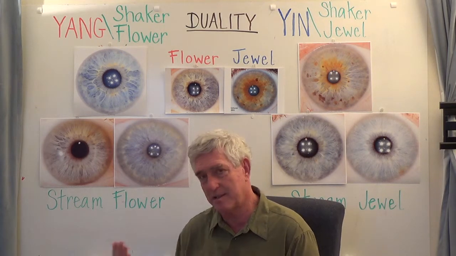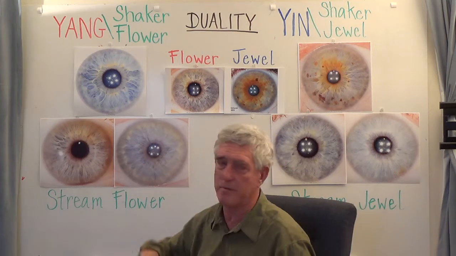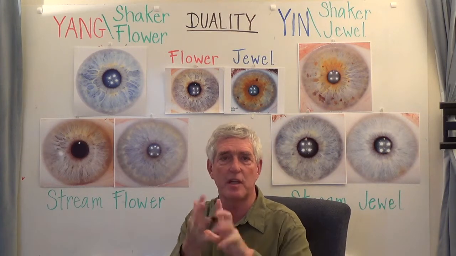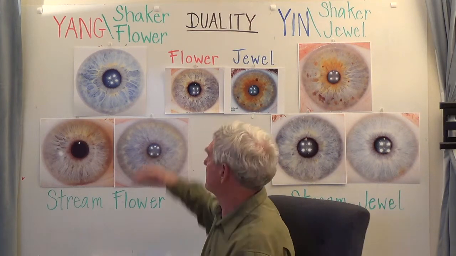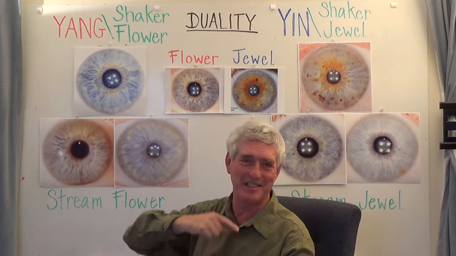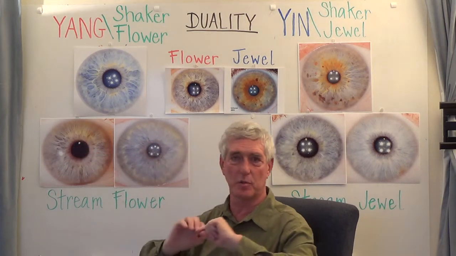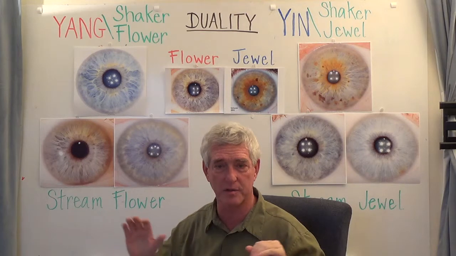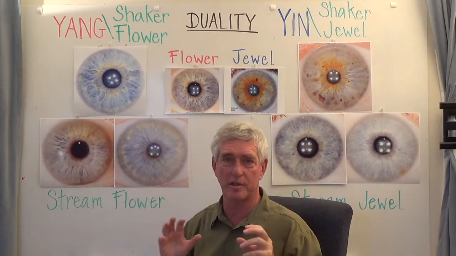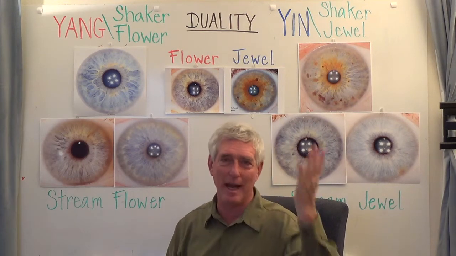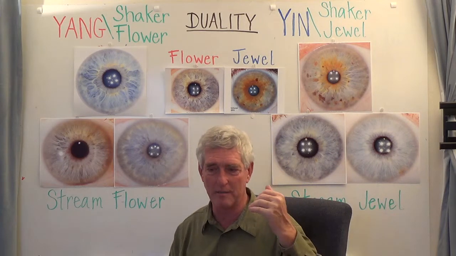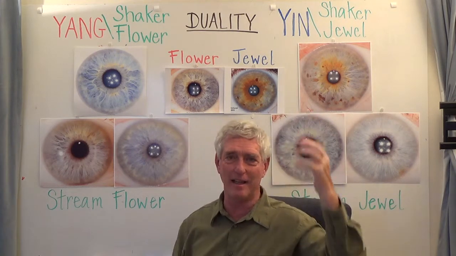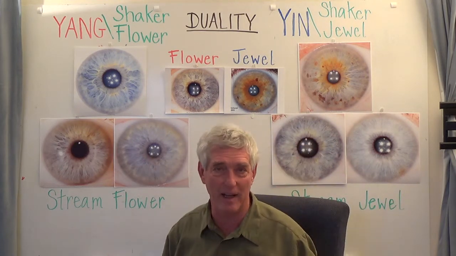Even in society, the stream structure likes cohesiveness in a group, whereas the shaker structure is a dynamic liberating force, or at times a destructive force. So the shaker energy is like an earthquake or a volcano at times, or it can be like a stroke of lightning or a sudden traumatic event.